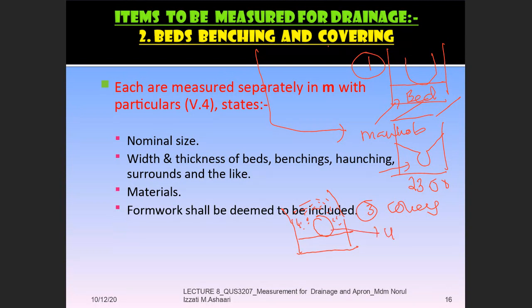Let's say this is the underground drainage, and this one is, for example, gravel. So the gravel is the covering. Gravel, or maybe hardcore, or maybe stone. That is the covering. So for this item, either one.